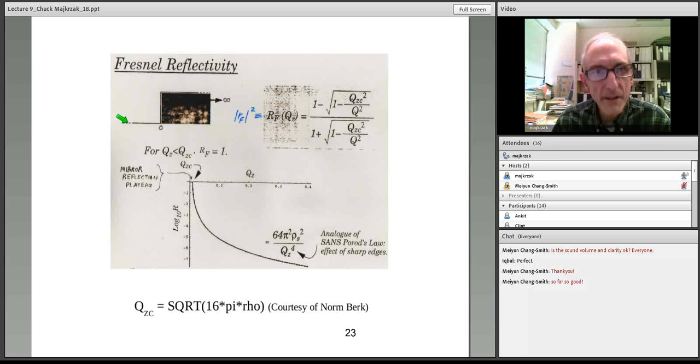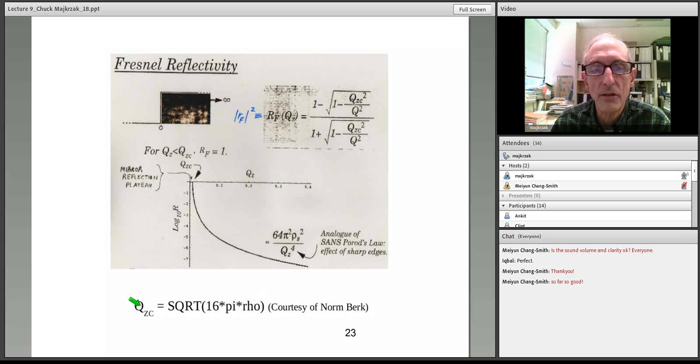Well, the simplest case, probably, that comes to mind is this rectangular barrier, just an object that has a very flat, sharp, abrupt interface that's semi-infinite in extent. Now here the scattering length density is constant, and what happens is that the reflectivity is unity, as I mentioned earlier, up to some critical angle that's related to the scattering length density.